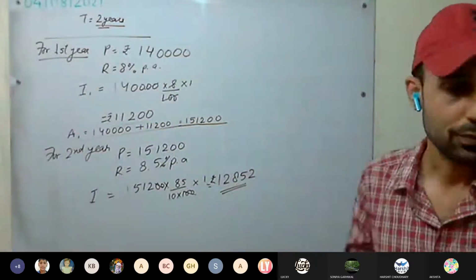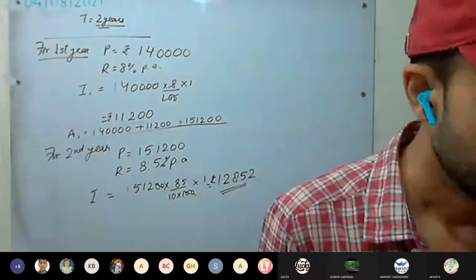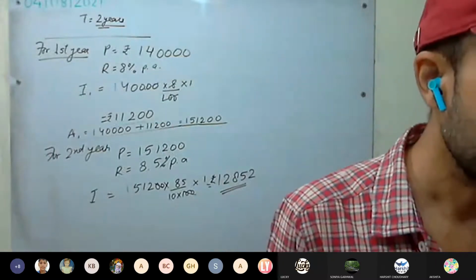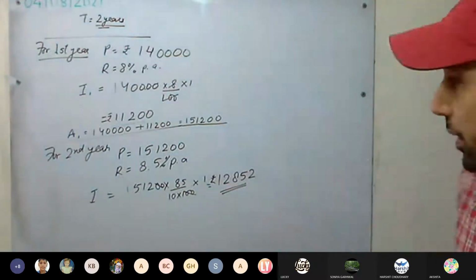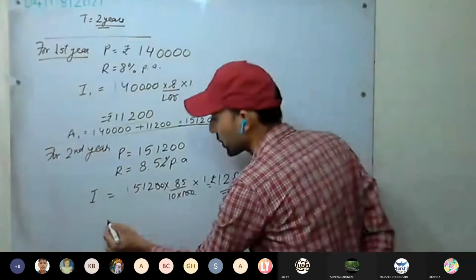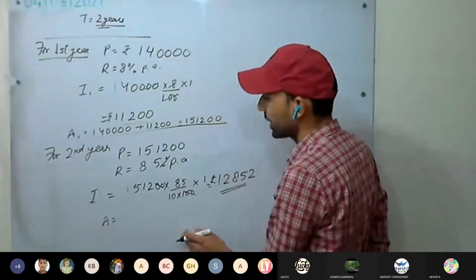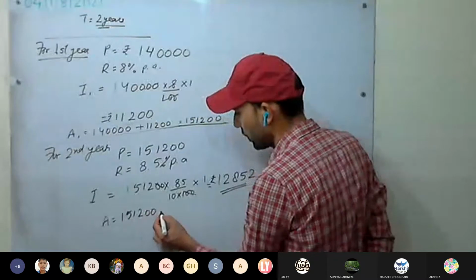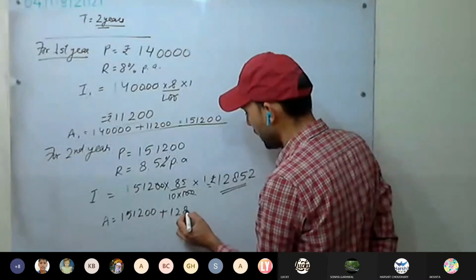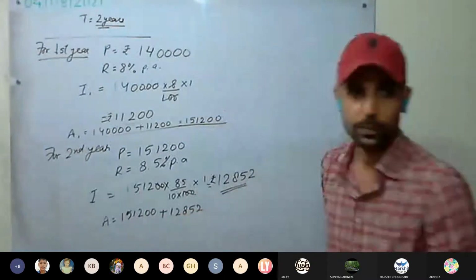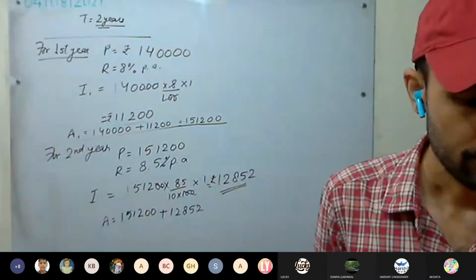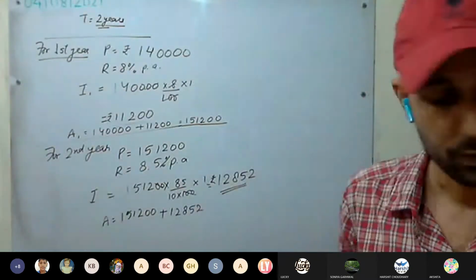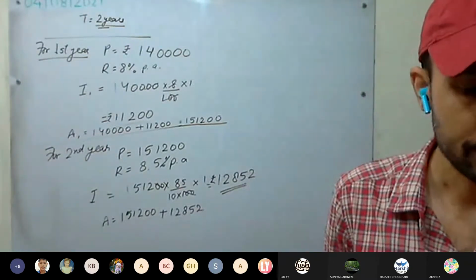Okay. So what was the question? Find the amount and the compound interest payable after the end of the second year. So calculate the amount after the end of the second year, how much will it be? 151200 plus 12852. Add them.